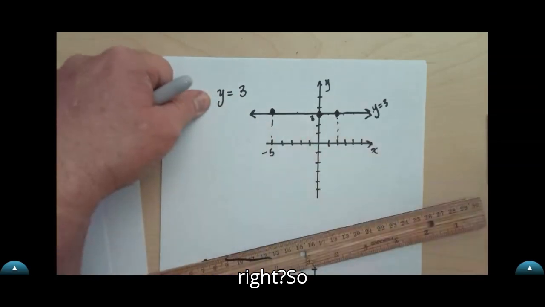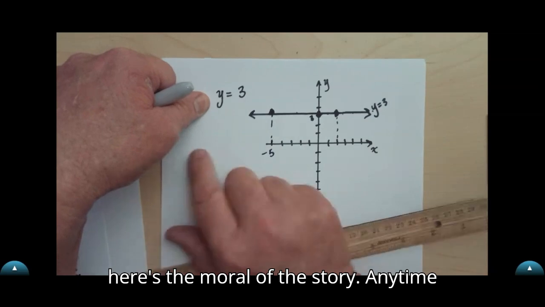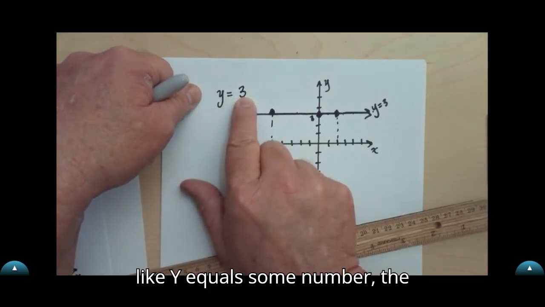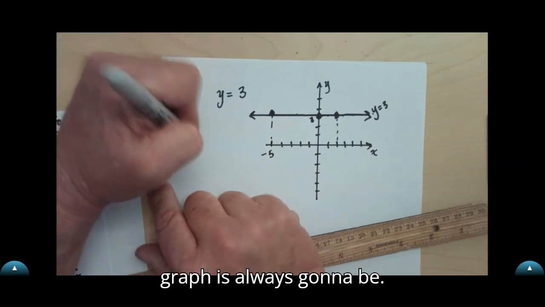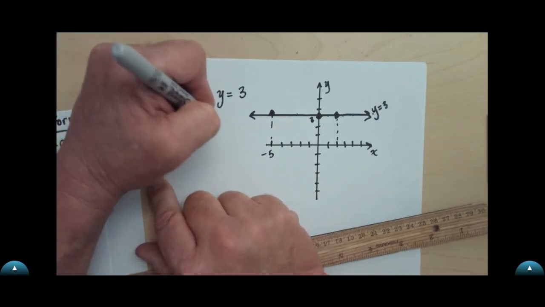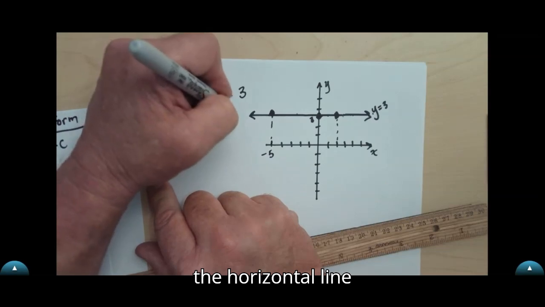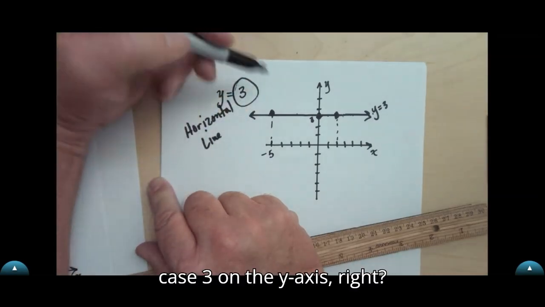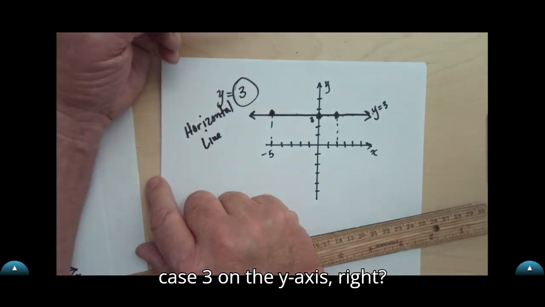So here's the moral of the story. Anytime you see an equation that just looks like y equals some number, the graph is always going to be the horizontal line that goes through this number, in this case 3 on the y-axis, right?